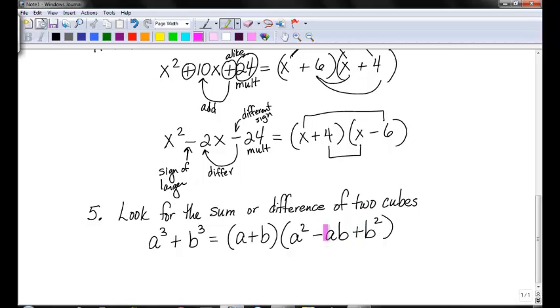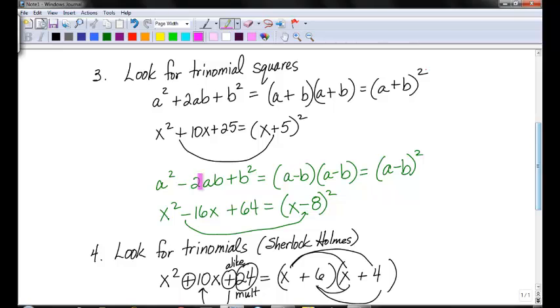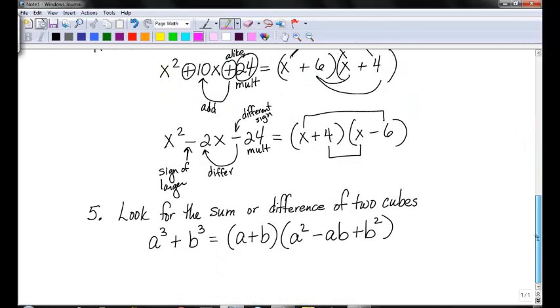The other thing is, notice there's no 2 in front here. A lot of people think there's a 2 in front. No. The other pattern is a cubed minus b cubed. If that's a minus, then the sign inside the first set of parentheses is also the same. It's minus. And then it's a squared plus ab plus b squared.